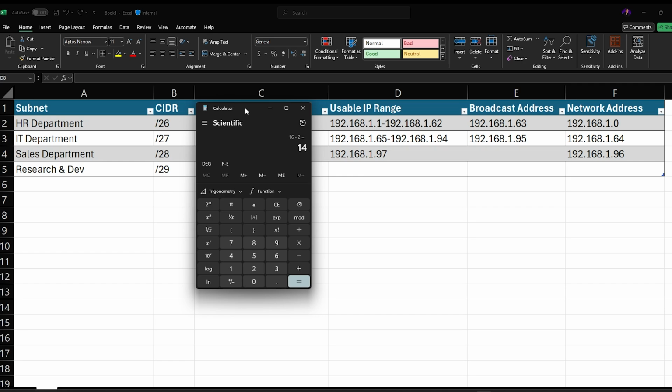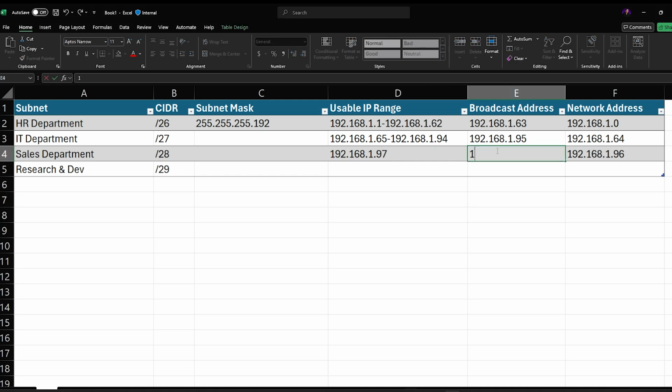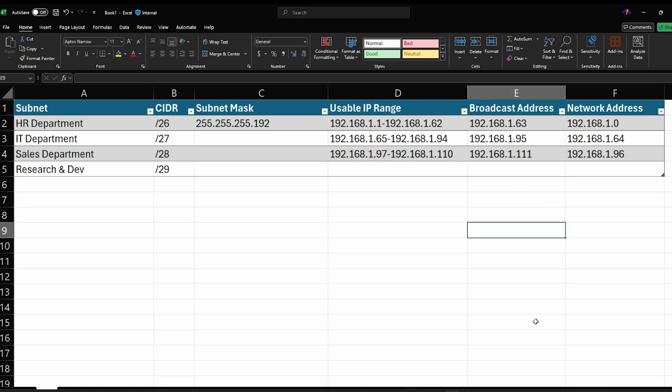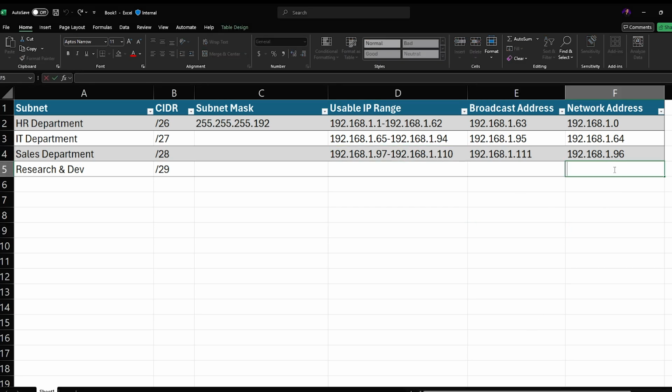We take that 14 and we add it to the first host, so 97 plus 14 is 111. That means the last host is 192.168.1.110.